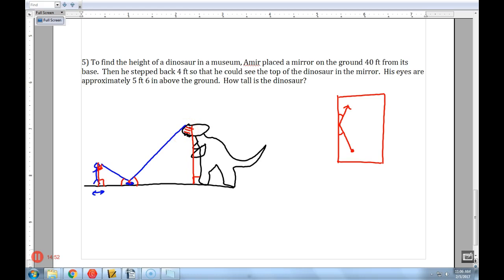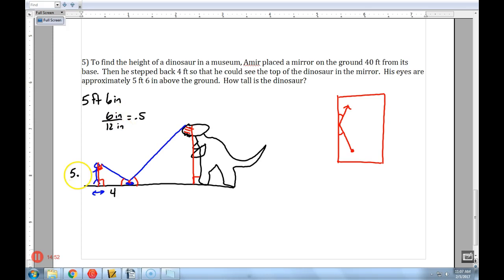So here's what you do. The kid stepped back 4 feet from the mirror. And he is 5 feet 6 inches tall. Now, this time it's going to be helpful for me to convert that into feet. 5 feet 6 inches, well, to change it, I'm going to do 6 inches over 12 inches, which is 0.5, which is half of a foot.